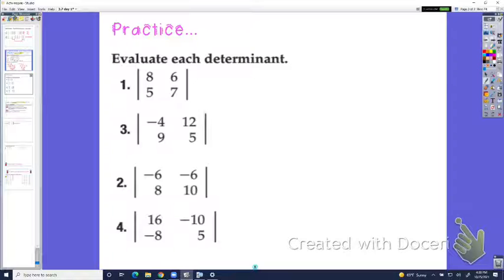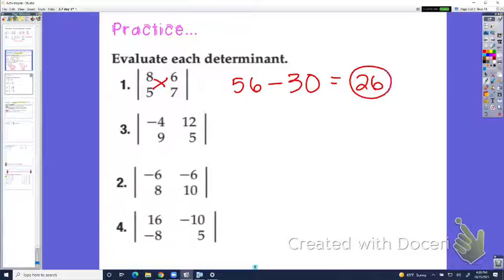Okay, so the answers are 8 times 7, which is 56, minus 5 times 6, which is 30, gives you a determinant of 26. The second one, negative 4 times 5 is a negative 20, minus the 9 times the 12, which is 108, gives you an answer of negative 128.